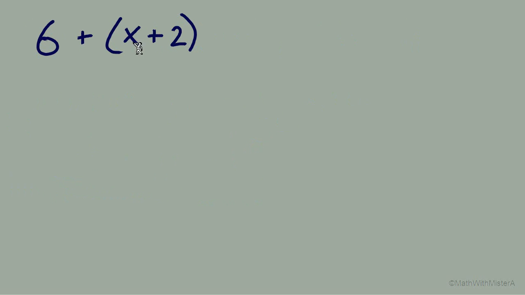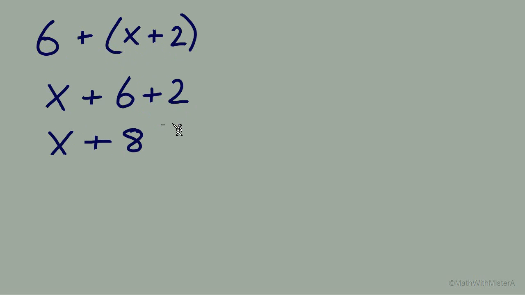Looking at this next example, we have x plus 2 grouped in parentheses and then added with 6. We can use the associative property of addition to note that the grouping doesn't matter, and the commutative property to say that the order doesn't matter. It's basically 6 plus x plus 2 in any kind of order we want. If I write it with the numbers next to one another, I can clearly see this will end up as x plus 8.